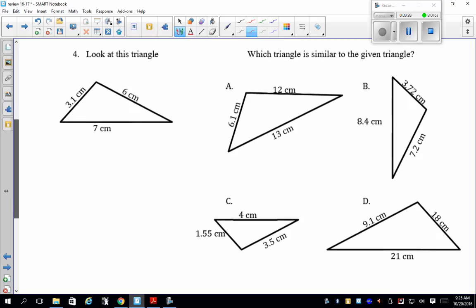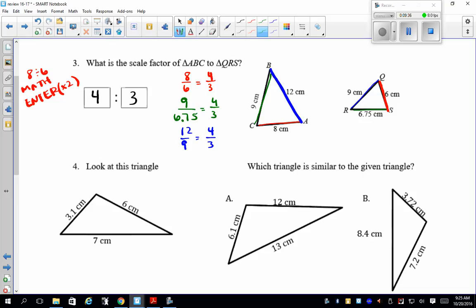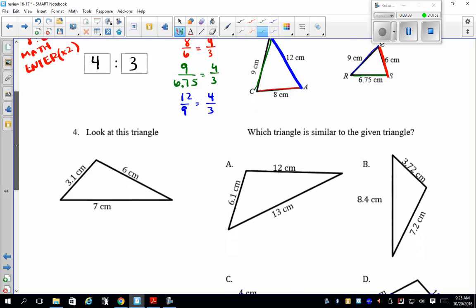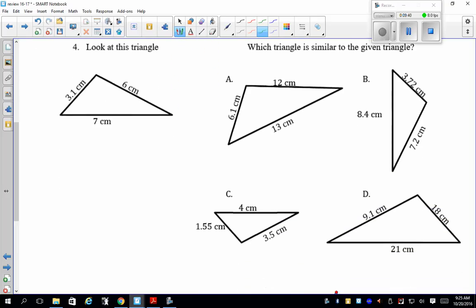Number 4, look at this triangle. Which triangle is similar to the given triangle? So I need to check each of these choices and see which one has all of the sides giving the same ratio. So I'm going to match up the two smallest sides. I'll start with part A, and I'm going to do 3.1 divided by 6.1.